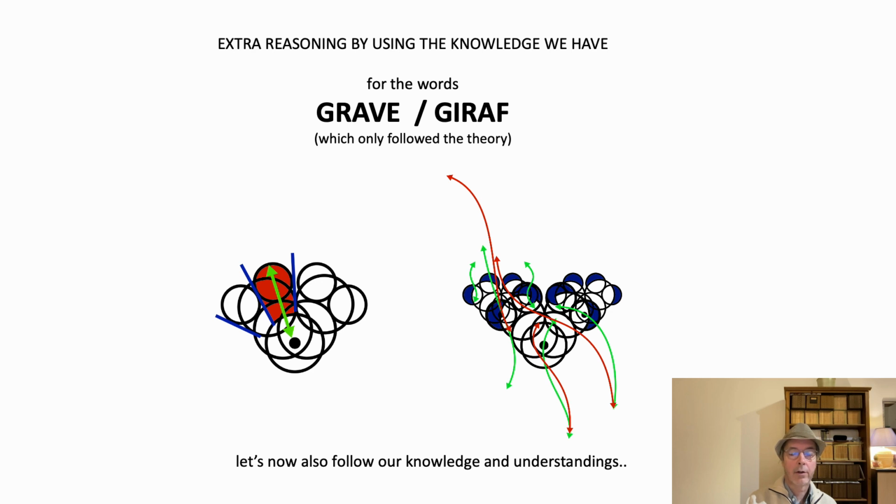I added the second part to this video because actually I wasn't really so convinced about the results I had with the words GRAAF and GIRAF, and it made me realize that I had a tendency of following the theory very much, and then again use it almost like okay, this is a proof that something works and that there is a reflection in reality.